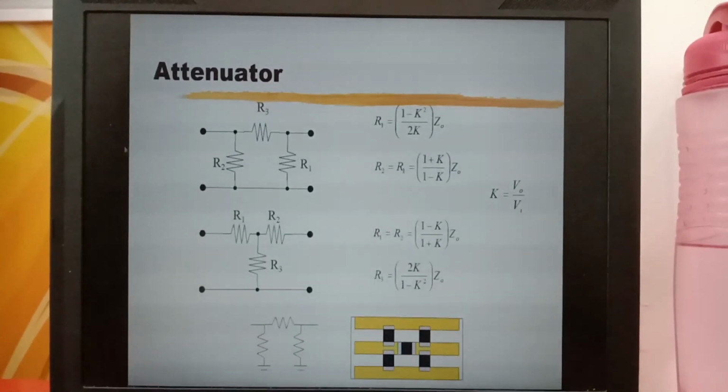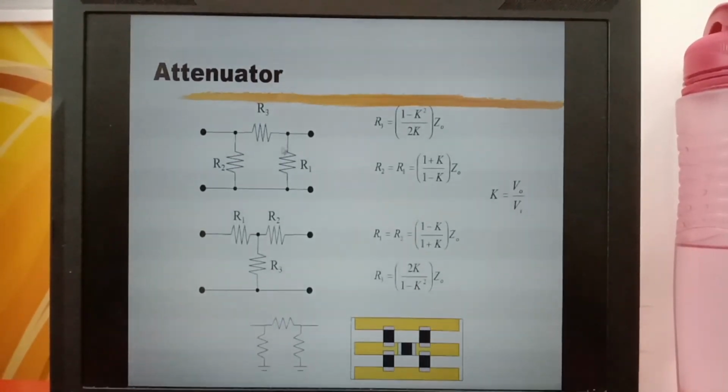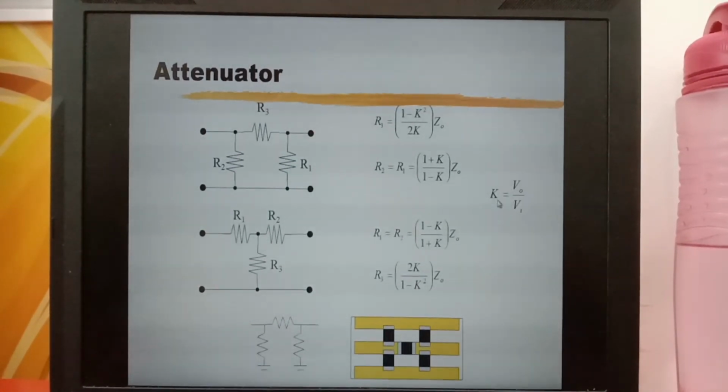For the pi network and T network, remember we want to achieve two objectives at the same time. We want a certain amount of attenuation K, which is the ratio of output voltage to input voltage, and we want the impedance to be matched at the input and output.